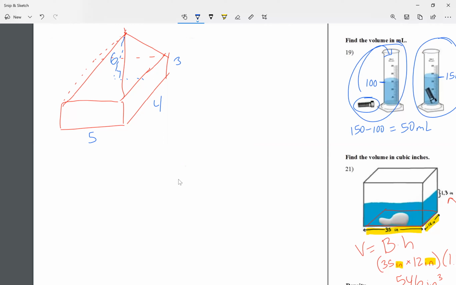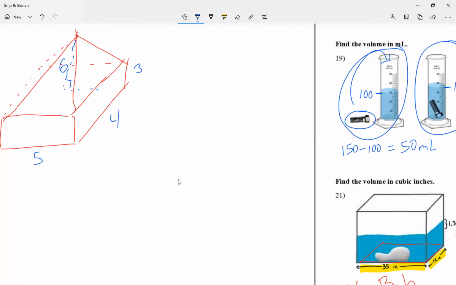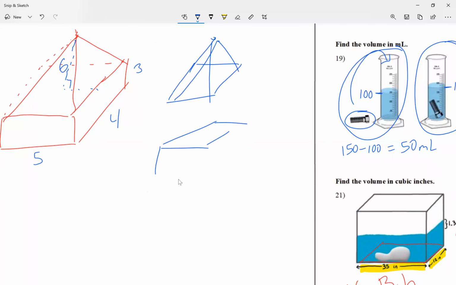In reality, the way I want you guys to work this out, I want you to notice that on the top of this figure, there is a pyramid, and at the bottom of this figure, there is a prism.